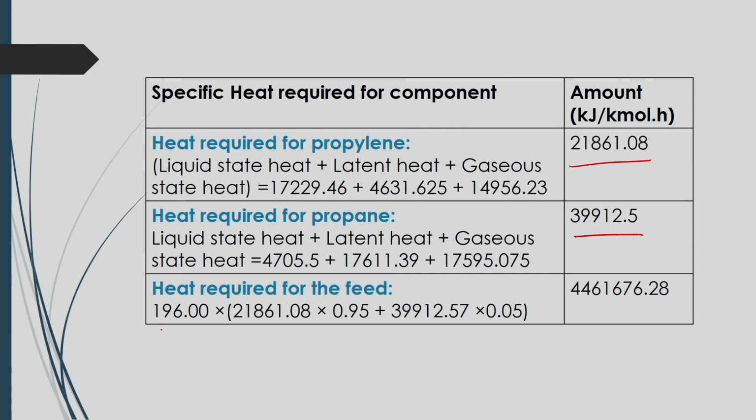Accordingly, you can calculate the total amount of heat required for the feed. Then it will be coming as 4461676.28 kilojoule. So, in this way we can calculate the heat required for individual components for vaporizing them from a certain temperature to a certain temperature, from liquid state to the gaseous state.